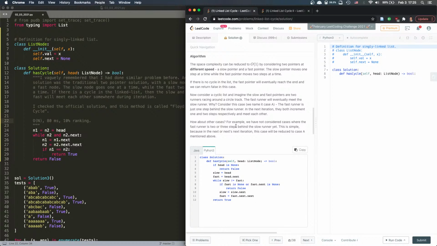The fast one will always be one step faster. Until the fast one circles back and the slow one is in front of it, at each iteration the fast one is getting one step closer to the slow one. So they will eventually meet. This is definitely going to happen.